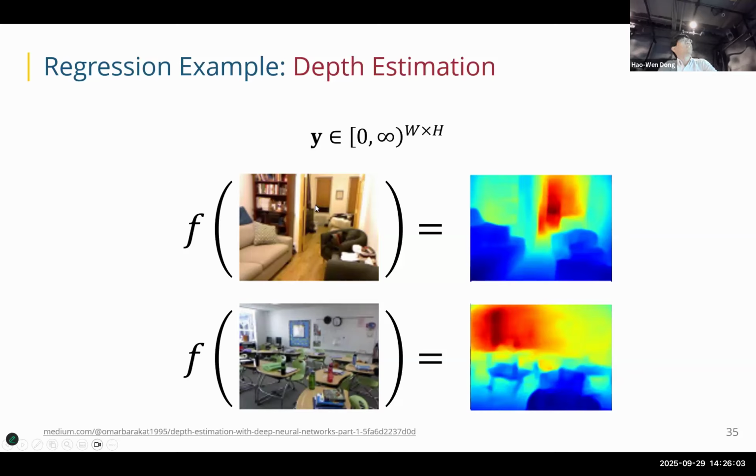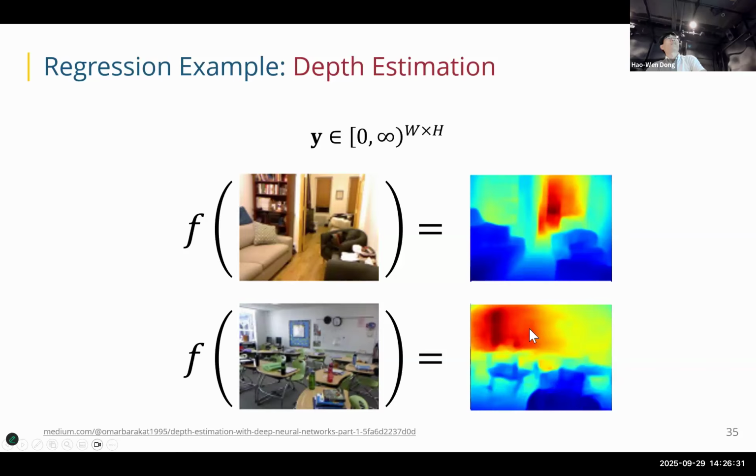So if you look at this image, especially on the top, you see the sofa is closer to you, this furniture is closer to you, but at the end, there's this bathroom. So it's very reddish because that's further away. And in this case, this is the shape of the classroom. So the corner here is the furthest away, and this desk is the closest.